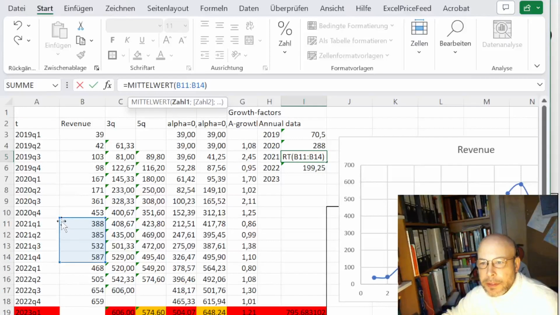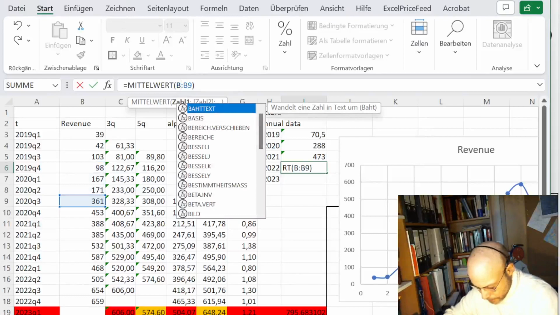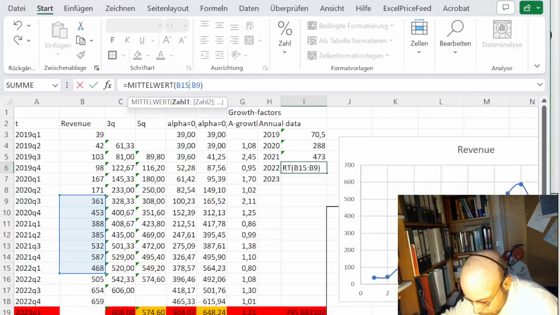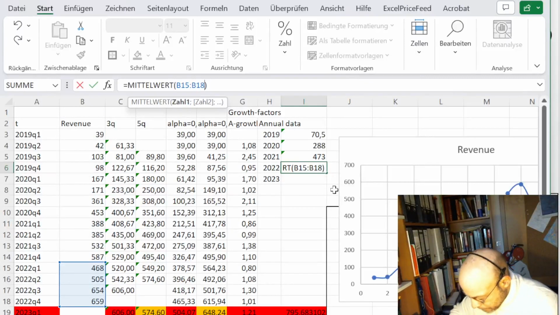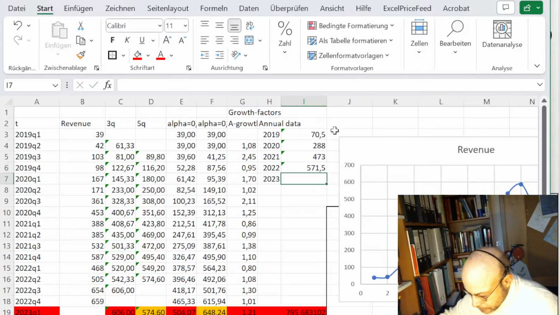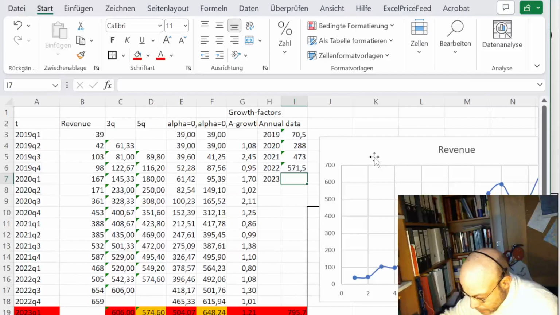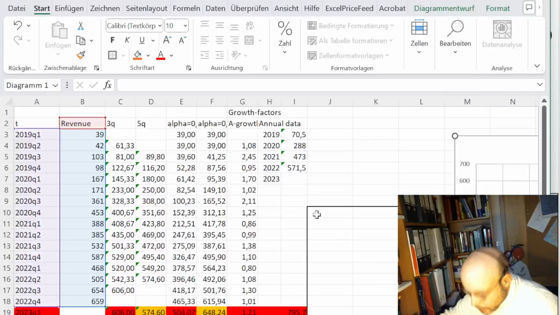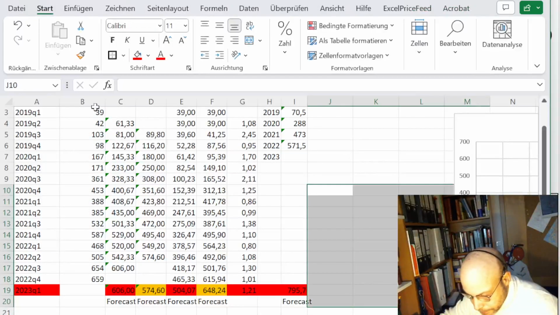Here on the left, you see that you compute the right data. And the last one, P15 to P18. Oh, yes, I've skipped them.